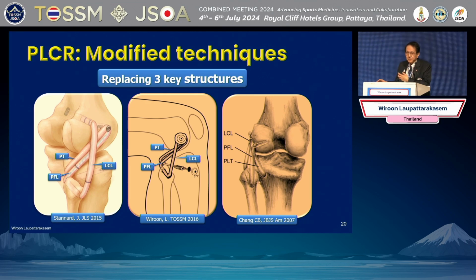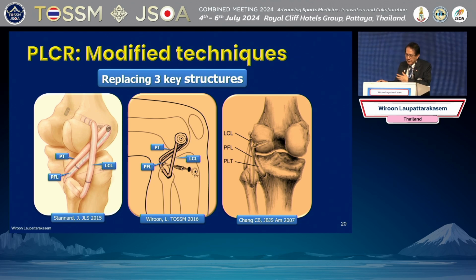But to improve the reconstruction, we have to know what we are going to do. Some of them will replace tibial-based, fibular-based, and I myself have proposed a similar reconstruction using the bone washer technique.